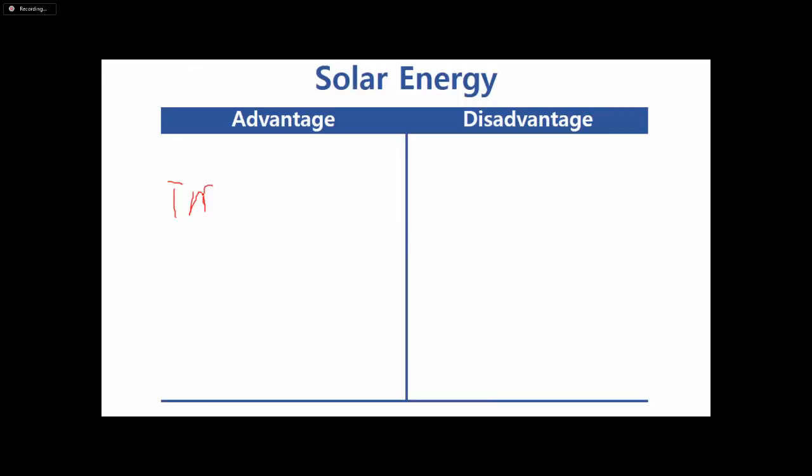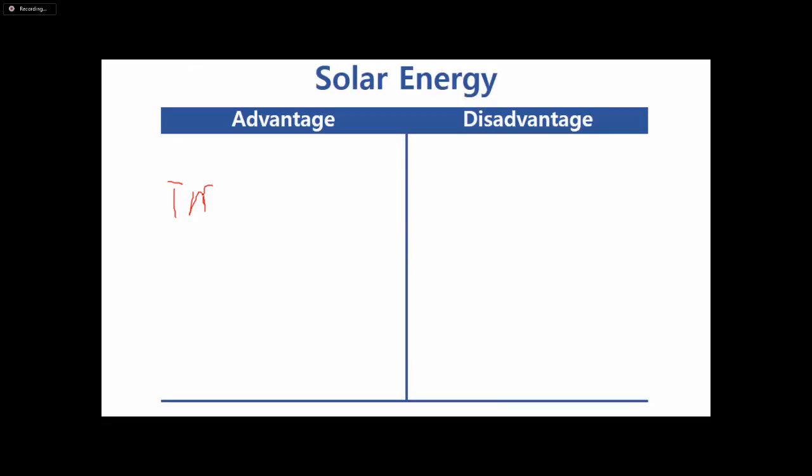What about the advantages of solar energy? Compared with fossil plants, storage. Yes, okay. Anything else? High installation cost.